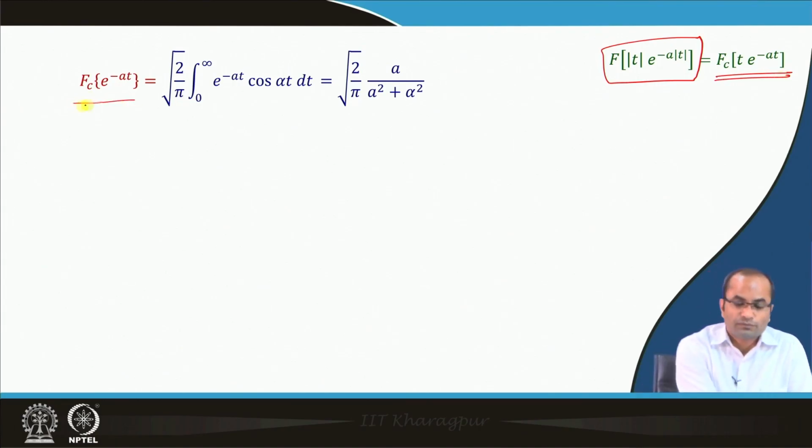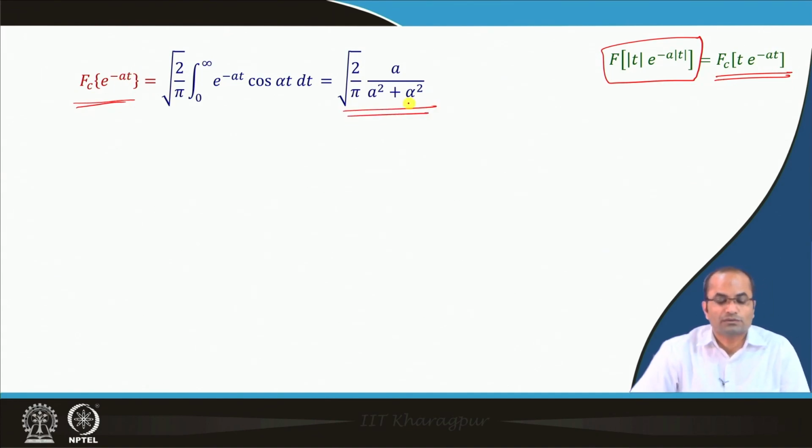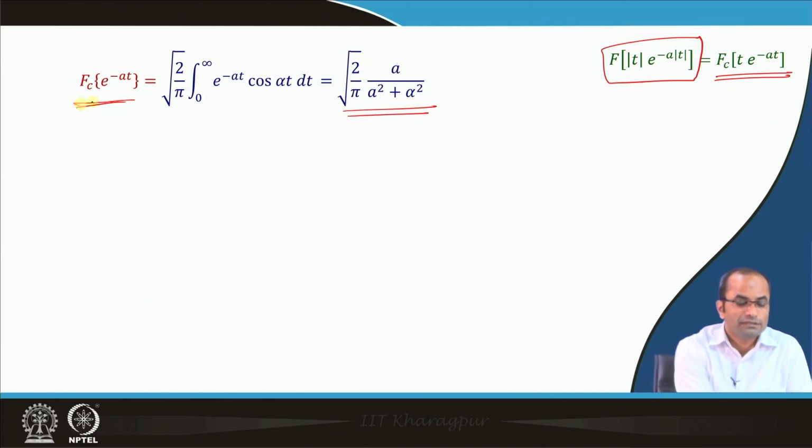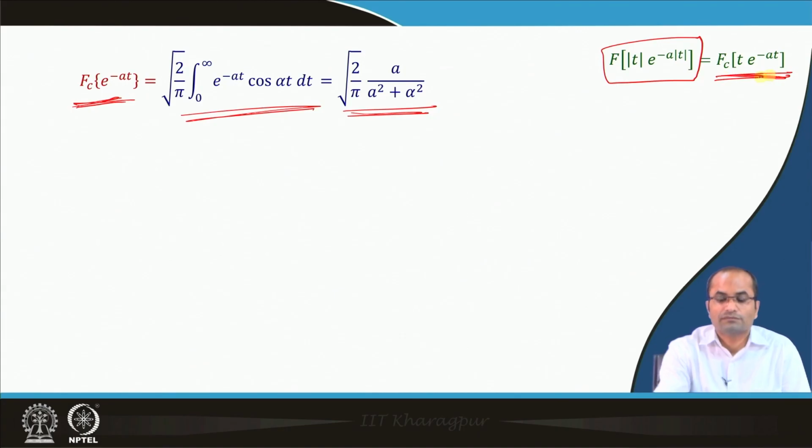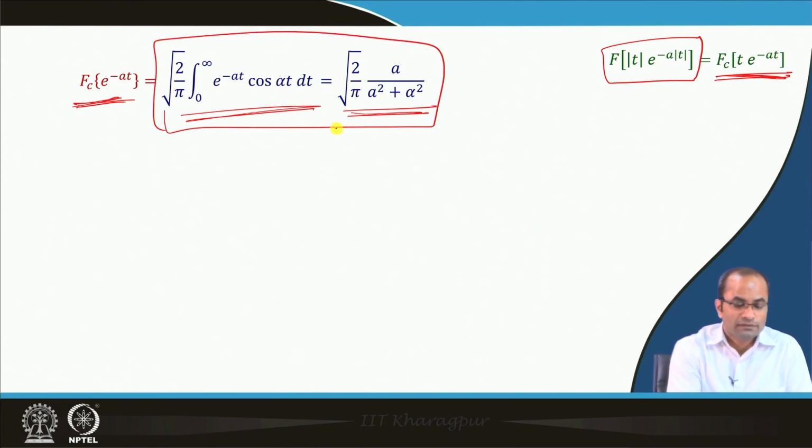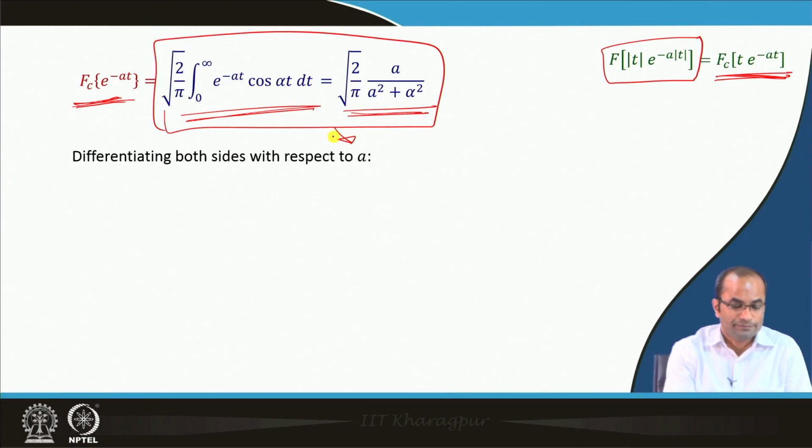So, here the Fourier cosine transform of e power minus a t, we have a over a square plus alpha square. From this we will deduce how to get the Fourier cosine transform of t e power minus a t. If we differentiate this relation, obviously both the sides with respect to a, then what will happen?